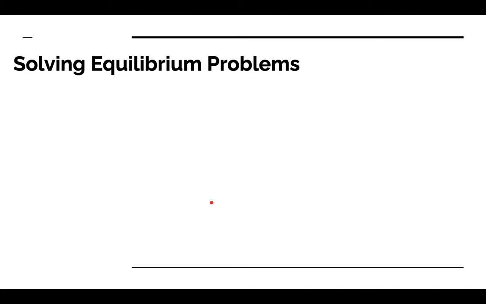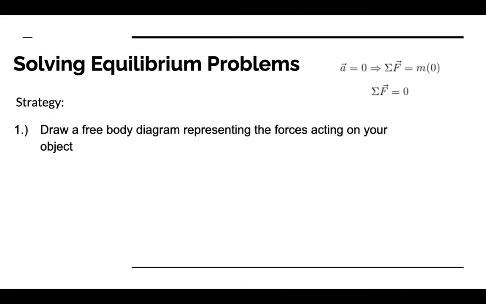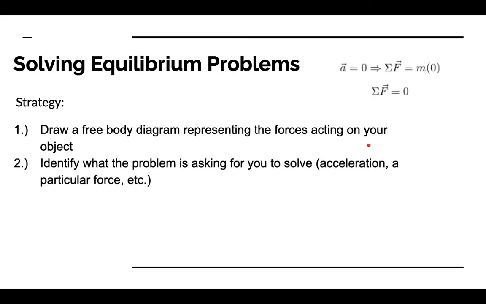In terms of solving equilibrium problems, the problem-solving process is mainly the same as before, with free body diagrams and what we covered in 2.1, but we have a slight modification. We go about our problem solving as usual. We draw a free body diagram representing the forces acting on our object. We identify what the problem is asking you to solve, an acceleration or a particular force.